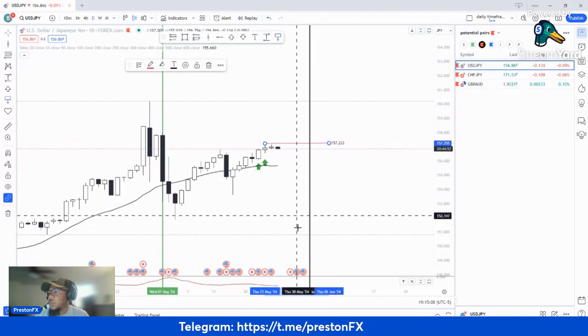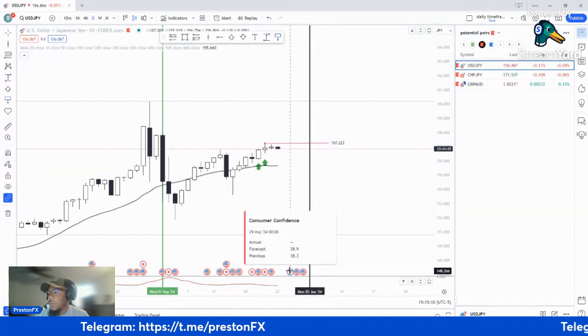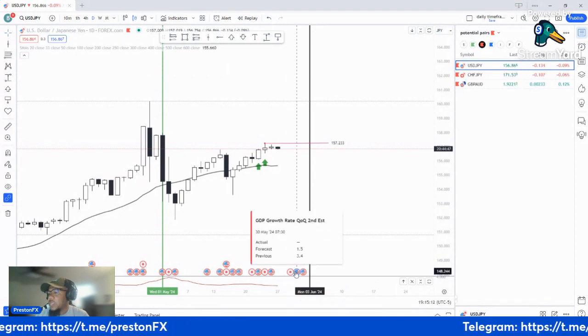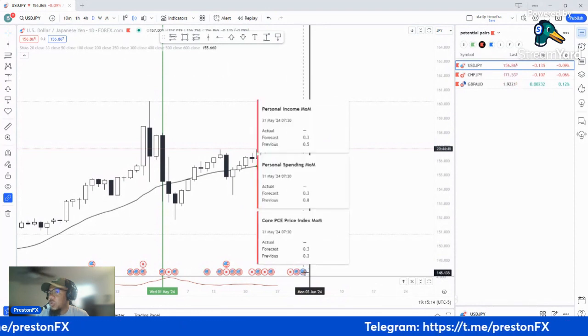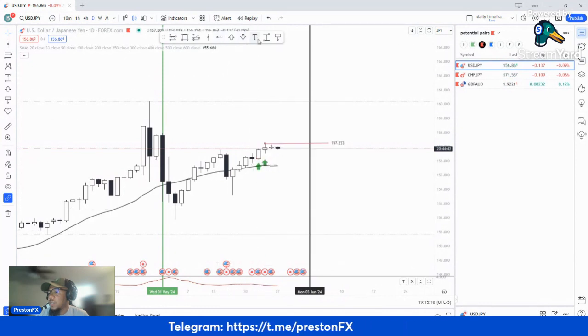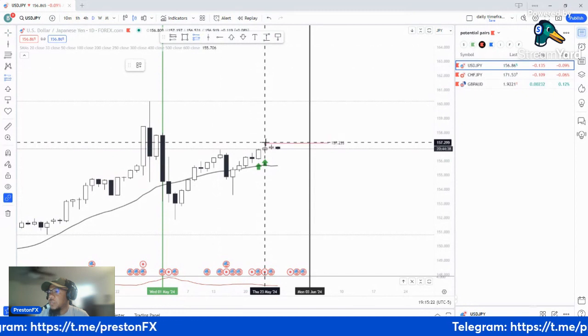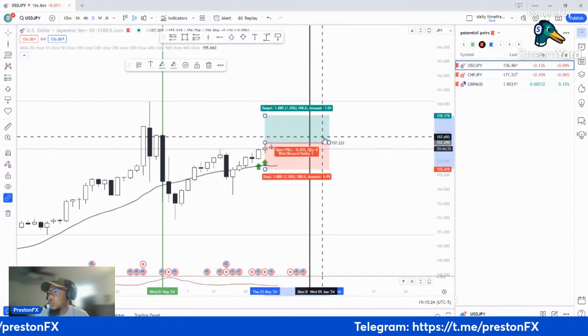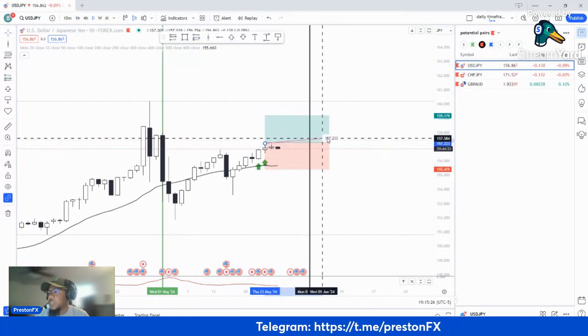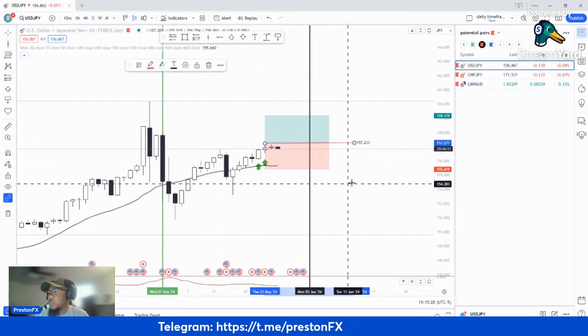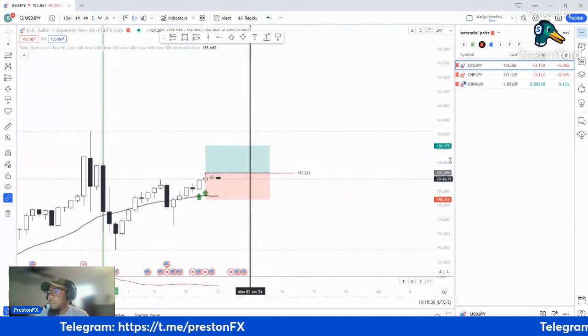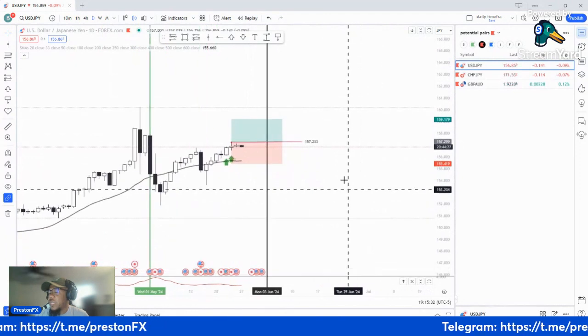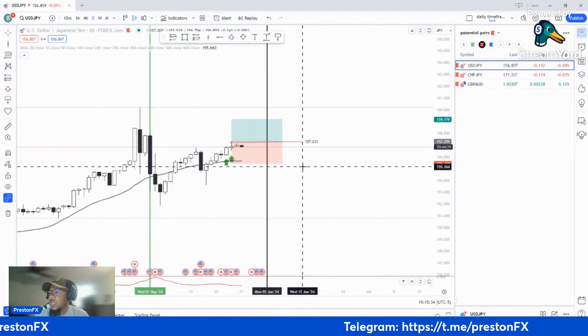There might be a catalyst to push these up towards the end of the month. Of course CPI, so I would basically look up here to see where this is going to push. But that is a potential trade right there, a buy stop right here.